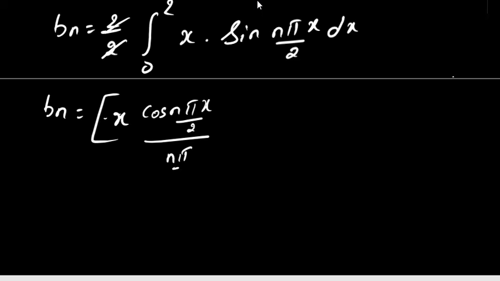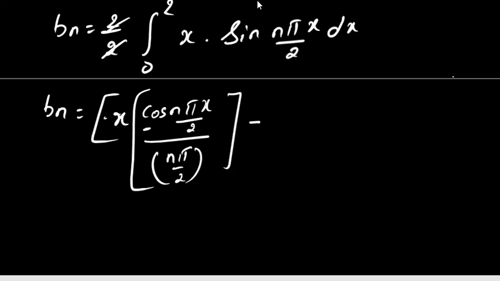First term, integration of the second term. Whenever we are integrating, keep the minus sign inside, because this term again goes for the integration. So first term, integration of second term, minus differentiation of first term.